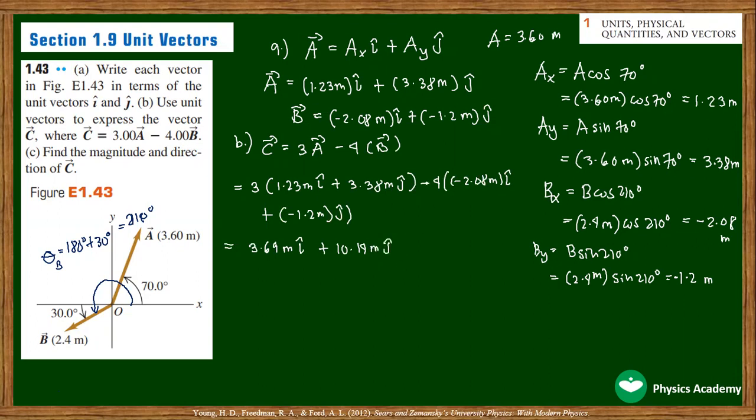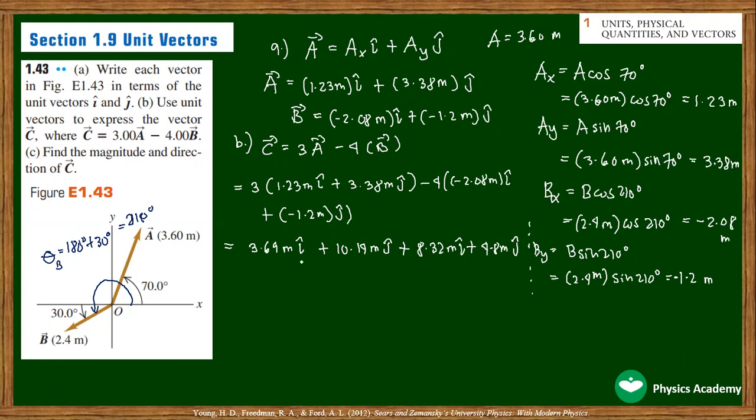Then we multiply negative 4 times negative 2.08, which becomes positive, so plus 8.32 meters i hat. Then negative 4 times negative 1.2 also becomes positive, so plus 4.8 meters j hat.